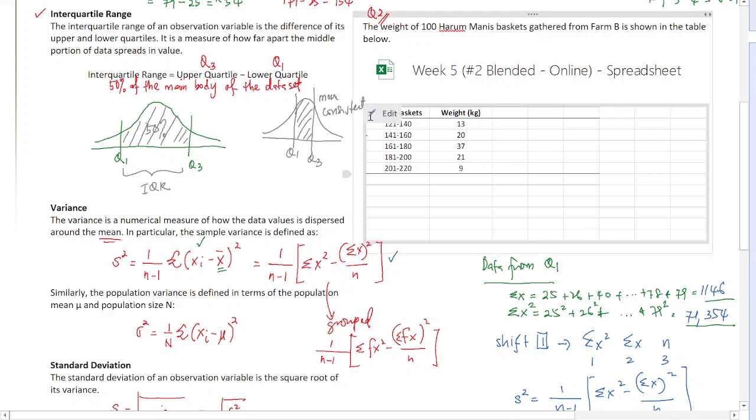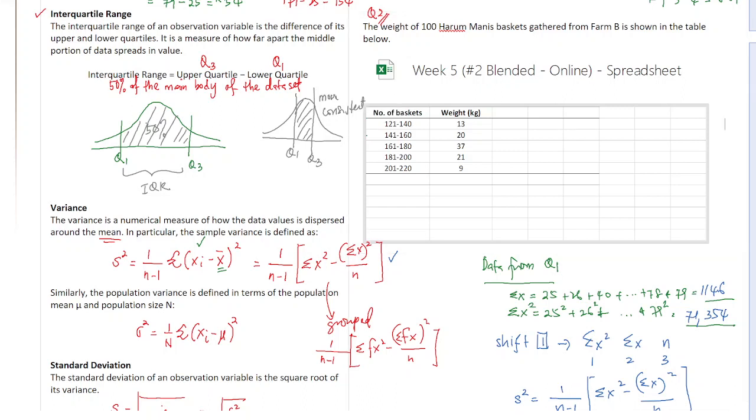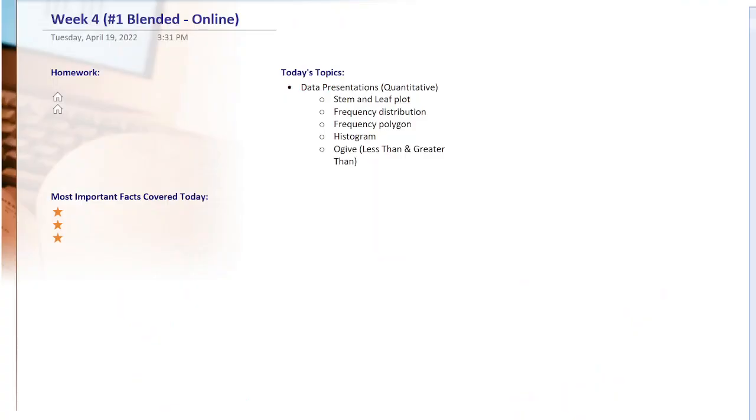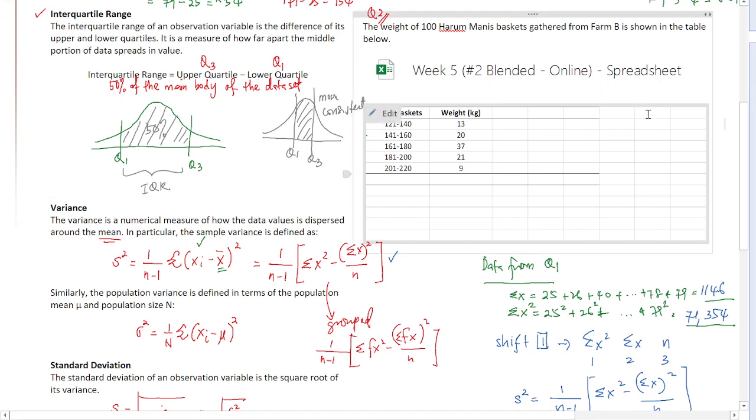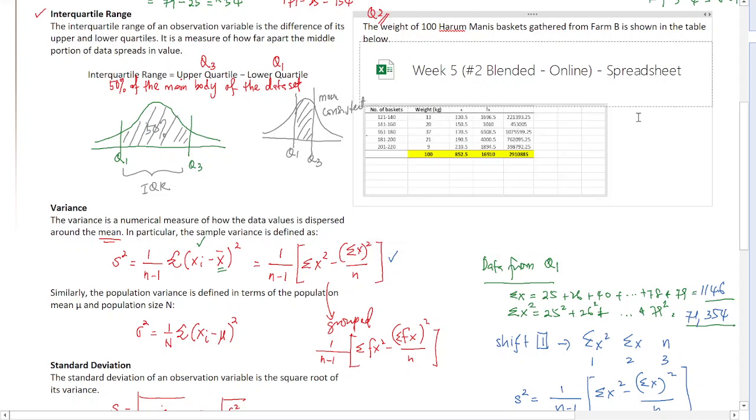Dah edit. Sekejap eh. Tengok lagi. Kenapa tak keluar ni? Okay, alright. Okay, keluar dah eh.